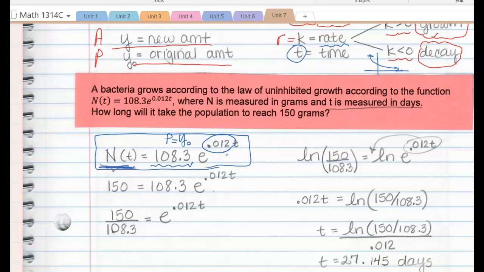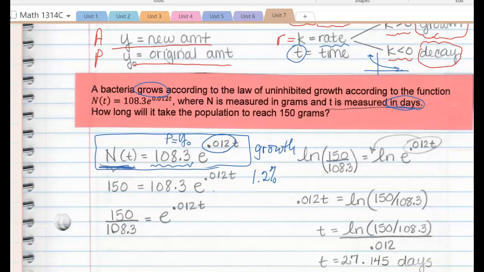And then we have K, this rate right here, and they don't tell us the rate, but we can put this into percentage and notice that this is about 1.2%. So that's our rate. Because it's positive, we know it's an exponential growth, and they tell us in our problem that it's growing. And then t is going to be the amount of time. In our case, it's measured in days.